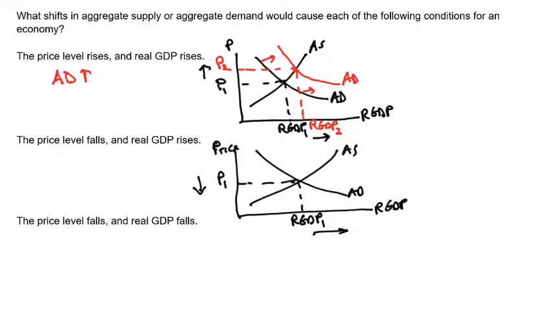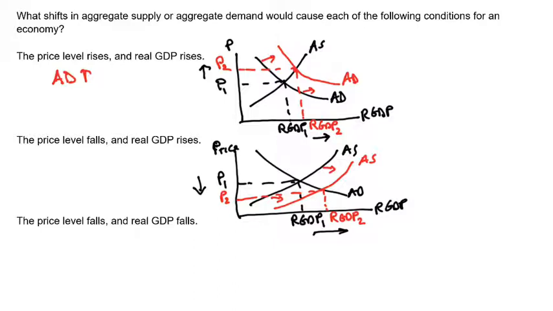Okay, so let's think about what kind of change in this economy would give us this result. We're looking for a decrease in the price and an increase in real GDP. So this happens only if we increase the aggregate supply curve. So when we have a rightward shift in aggregate supply, we will have a decline in prices and an increase in real GDP.